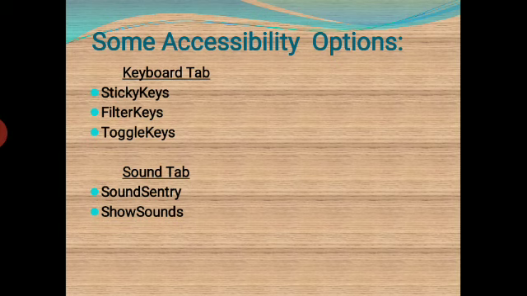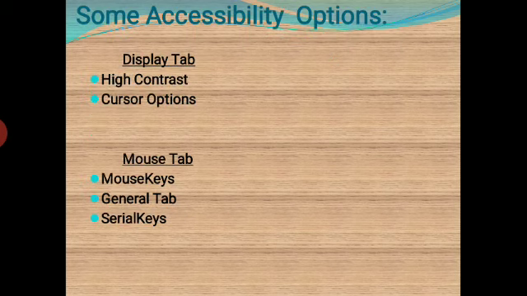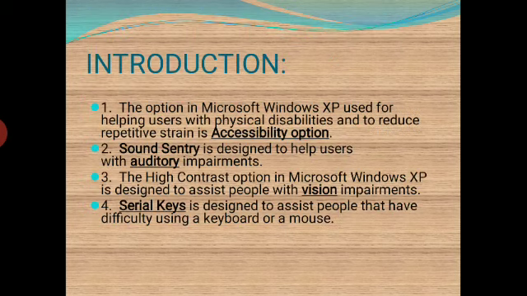In this session, we are going to learn all these accessibility options one by one. But our first question that comes to mind is how we are going to deal with so many accessibility options.